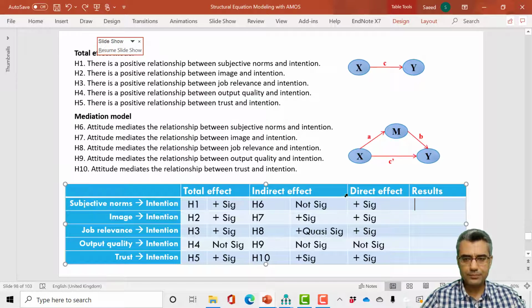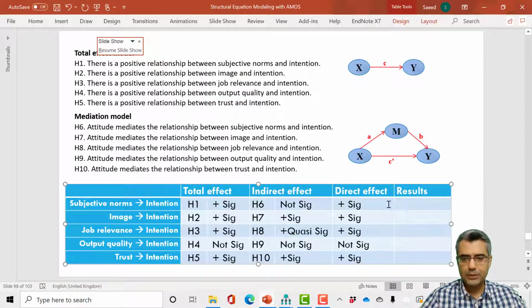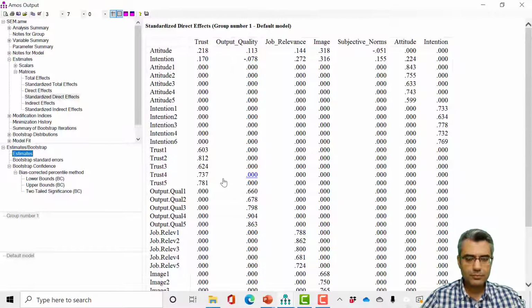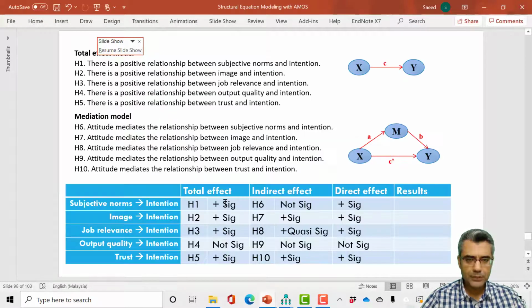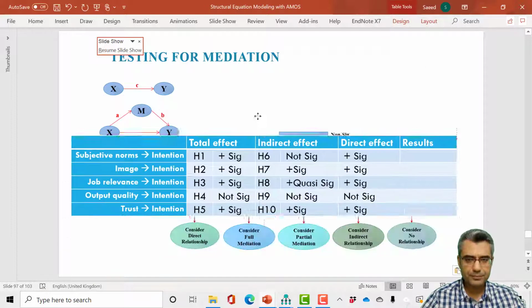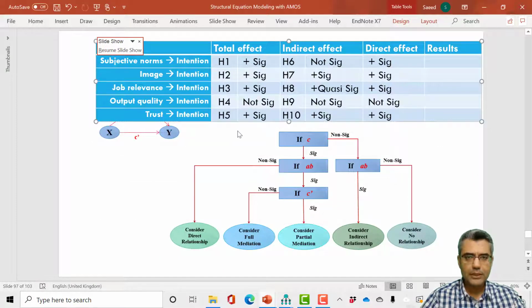We can, okay, let's see. Sorry, maybe I can take this and put it here. So for the first one, subjective norms to intention, the total effect here is significant.